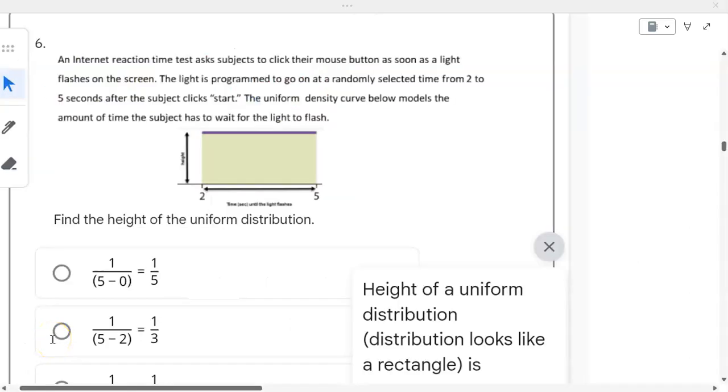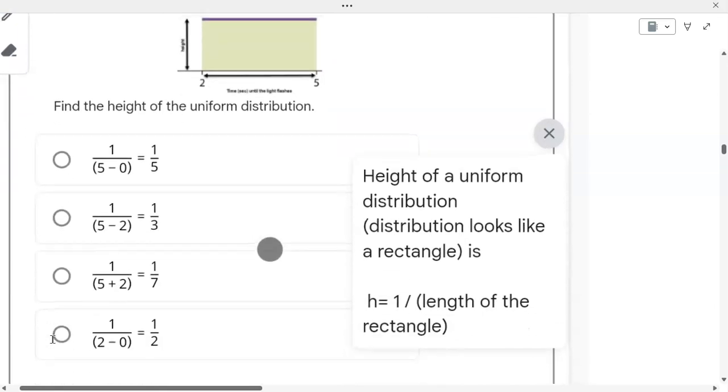Okay, an internet reaction time test asks subjects to click their mouse button as soon as a light flashes on the screen. The light is programmed to go on at a randomly selected time between 2 and 5 seconds after the subject clicks start. The uniform density curve below models the amount of time the subject has to wait for the light to flash. Find the height of the uniform distribution.